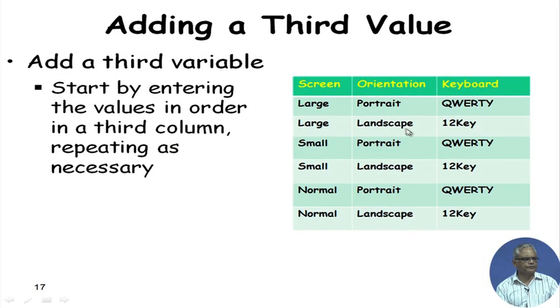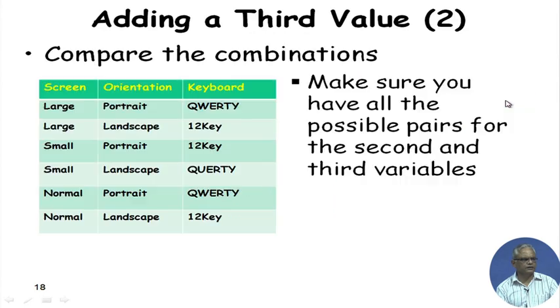In the next step we take the third parameter and write down alternatively QWERTY, 12 key, QWERTY, 12 key, etc. And then we can add more variables here, but we have to manually make sure all the pairs are present.